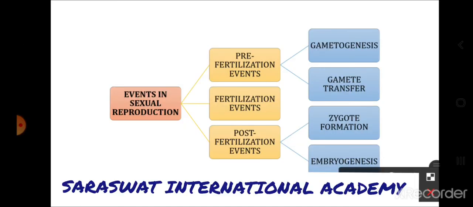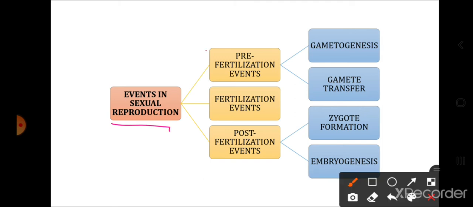So, we can divide the complete process of sexual reproduction into three phases. The first is the pre-fertilization events, the second is the fertilization event, or you can say the fertilization process, and the third one is the post-fertilization event.